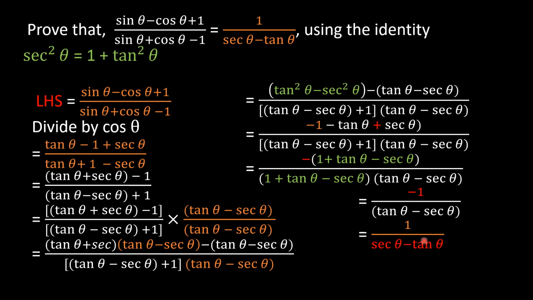So we can write 1 divided by (sec theta minus tan theta). See, we have written these two terms in the reverse order here by absorbing this minus sign in this bracket. And this is our right hand side. So this left hand side equals right hand side. So the statement has been proved.